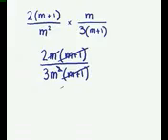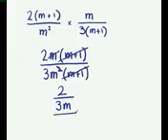That leaves us with 2 on the top and 3m on the bottom. Can we simplify further? The answer to that is no, so this is our final answer, 2 over 3m.